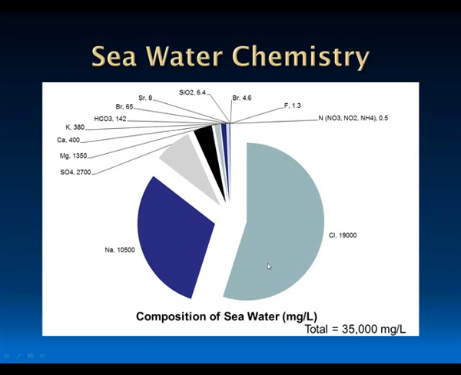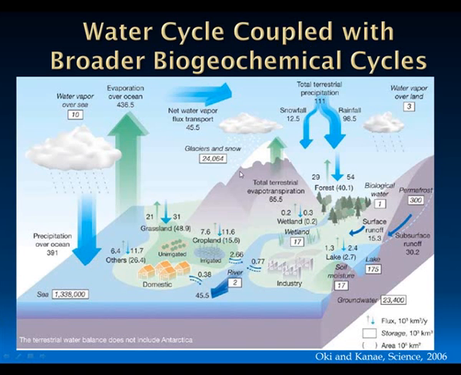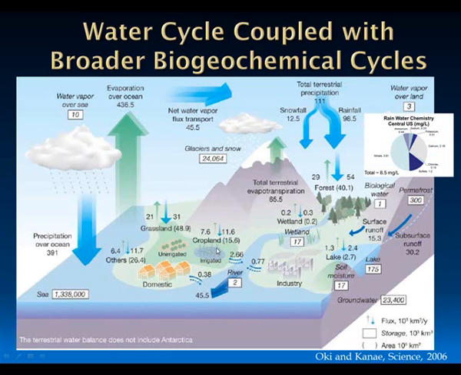So sodium chloride, we still have a lot of these other constituents, but the 35,000 milligrams per liter concentration that we have in the ocean is dominantly sodium chloride. So as we think about the global water cycle, it is coupled intimately with biogeochemical cycles of other elements.